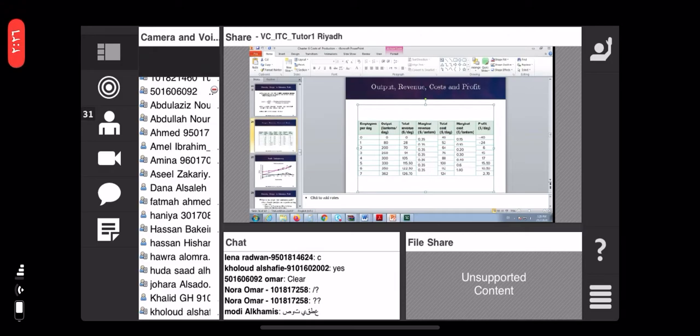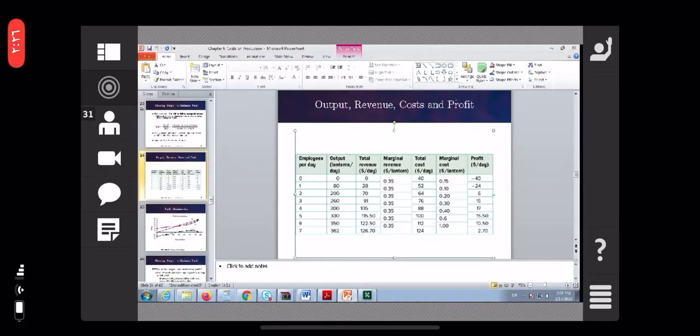The marginal cost. Okay, the marginal revenue here is 30. It's given. The marginal cost we have calculated, as I have shown you.